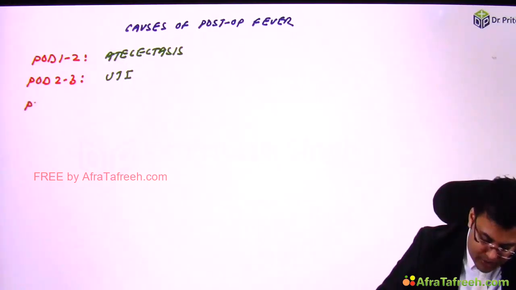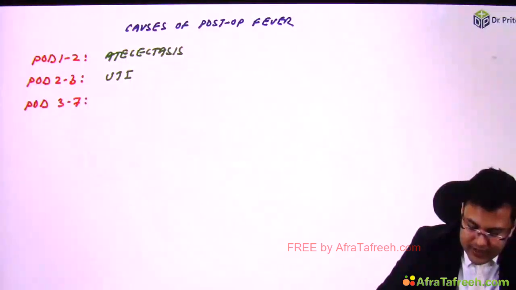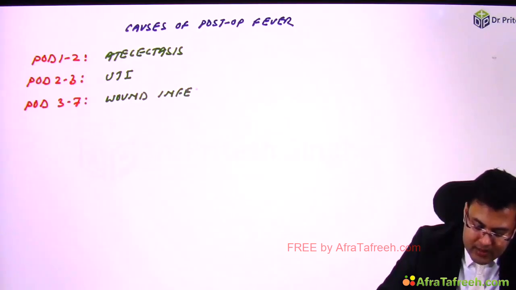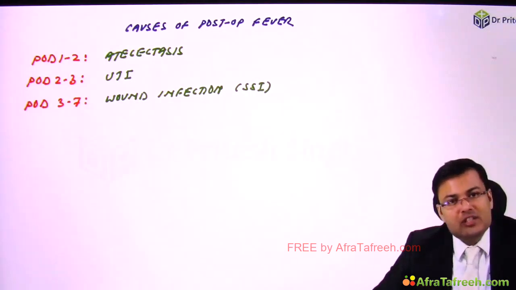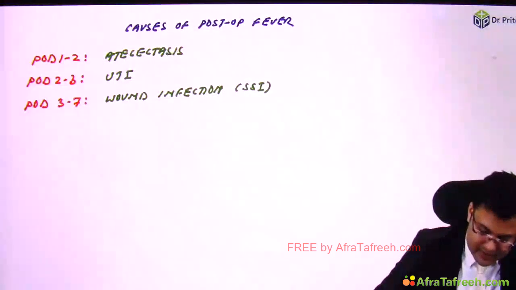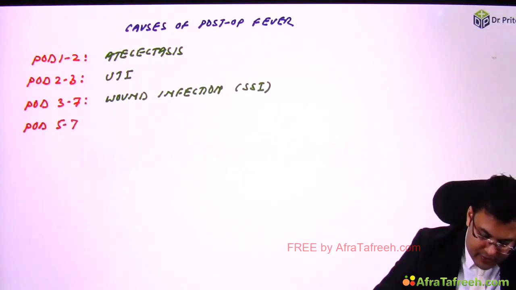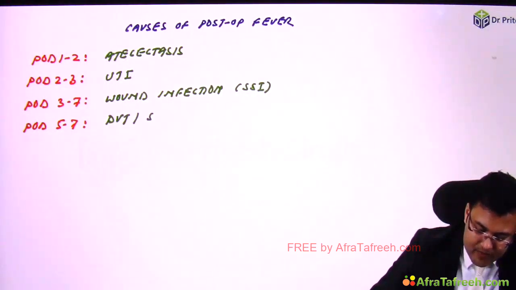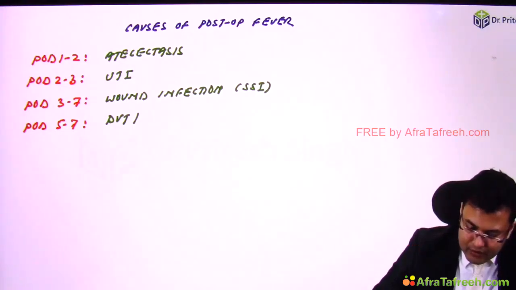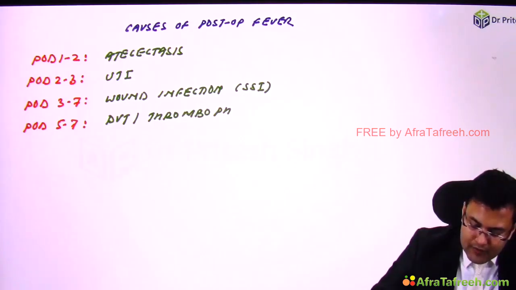After that, post-operative day 3 to 7, it's the wound infection. And I also told you the other name of this wound infection. It's known as surgical site infection. After that, post-operative day 5 to 7, it's because of DVT or thrombophlebitis, deep venous thrombosis or thrombophlebitis.